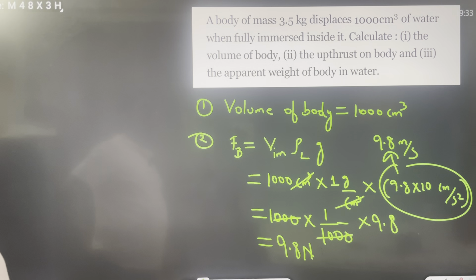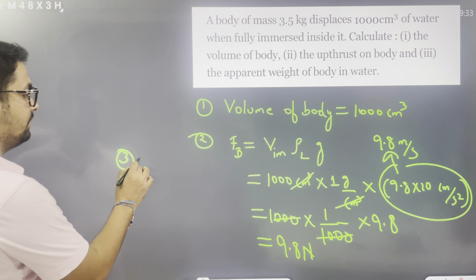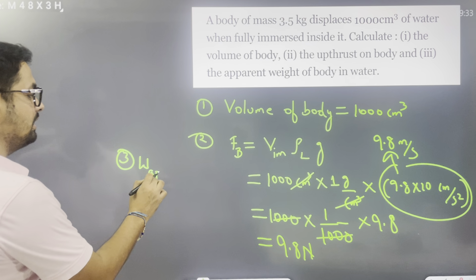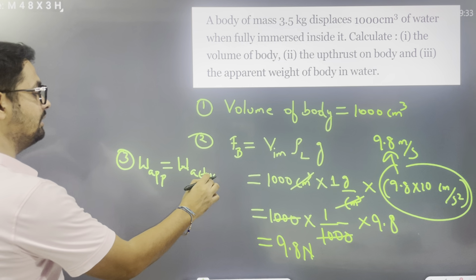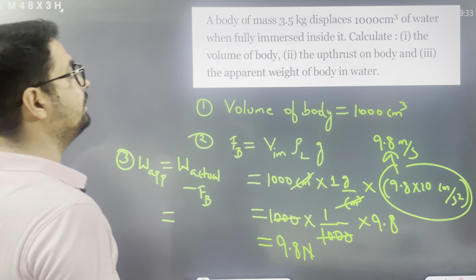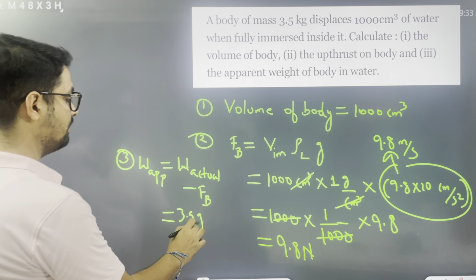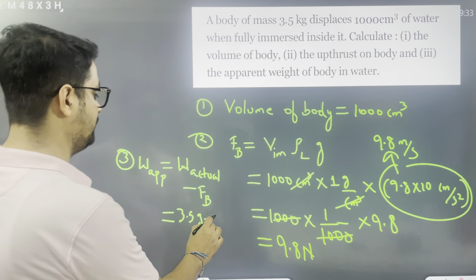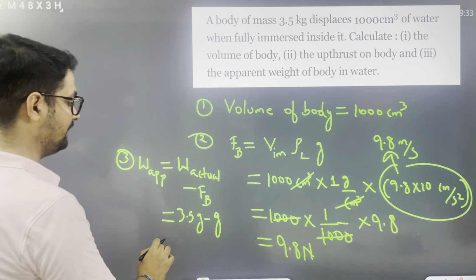Now the third one is the apparent weight of the body. So we just discussed that W apparent is actual weight, W actual, minus buoyant force. So W actual is 3.5 into g, minus buoyant force, which is 9.8. That is how much? g only. Magnitude is g only. Okay.